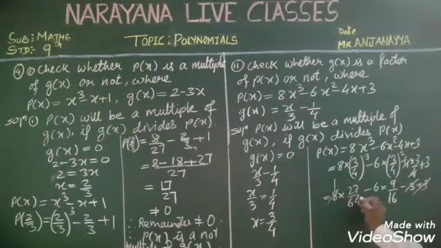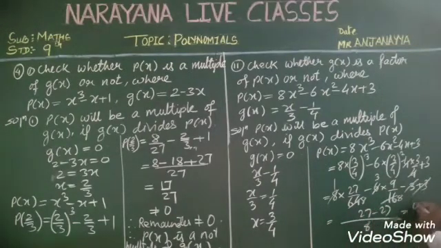Correct? The denominator is the same, so you get 27 minus 27 upon 8, which is 0. So your remainder is 0. Therefore we can say that g of x is a factor of p of x.